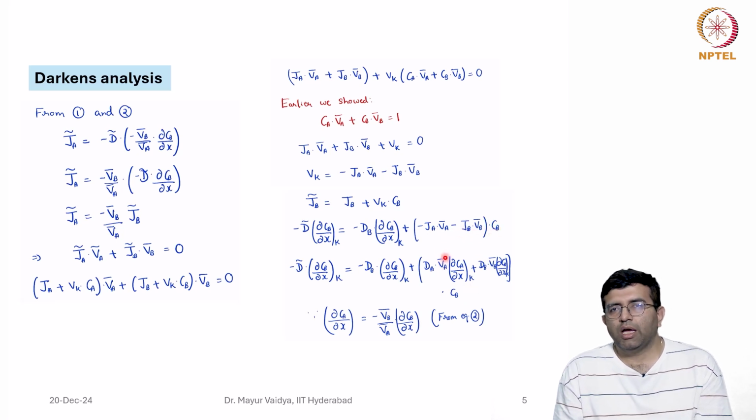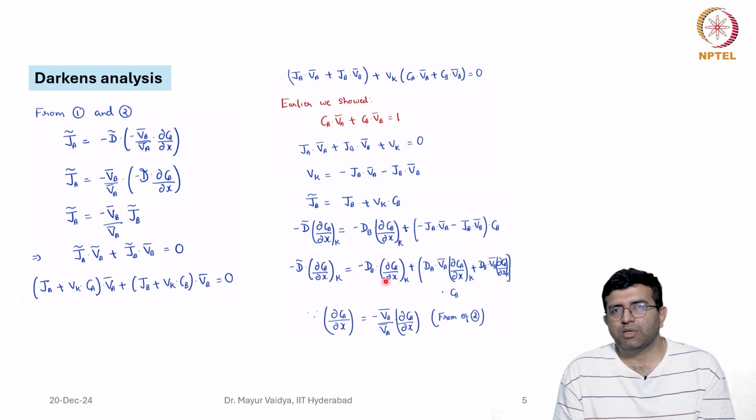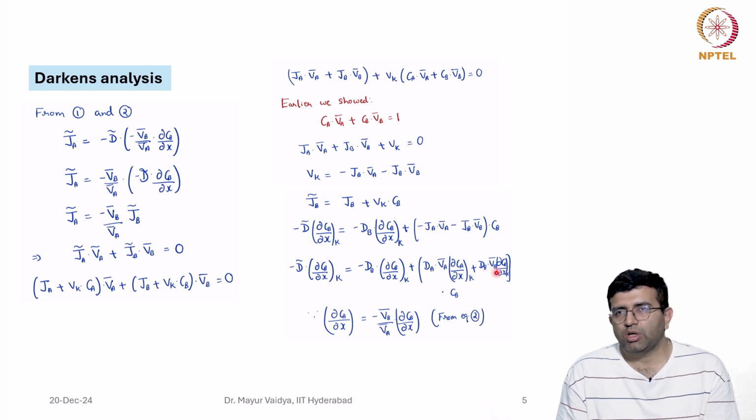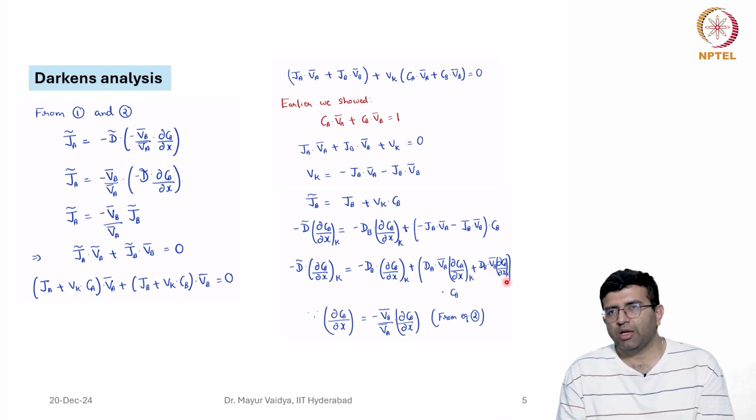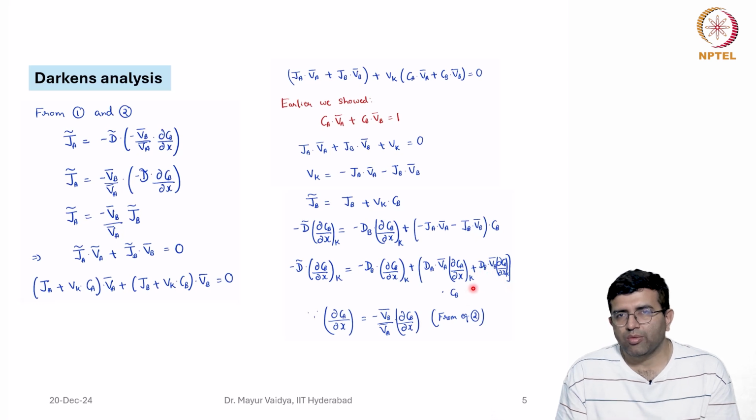So now, what I need to do is substitute the value of J_A as minus D_A into ∂C_A/∂x at k, and because there is already also a minus that comes into the picture, this minus goes off, plus D_B into V_B bar into ∂C_B/∂x at k into C_B.